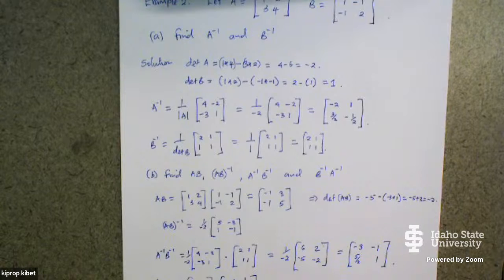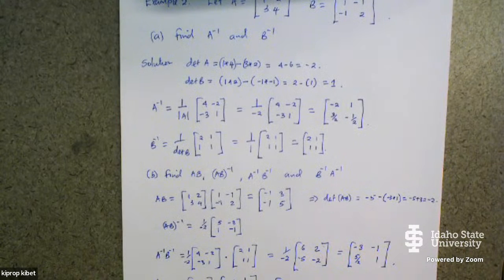And what you should get here is basically minus 5 over 2, 3 over 2, minus 1 over 2, and then 1 over 2. That's what you should get.